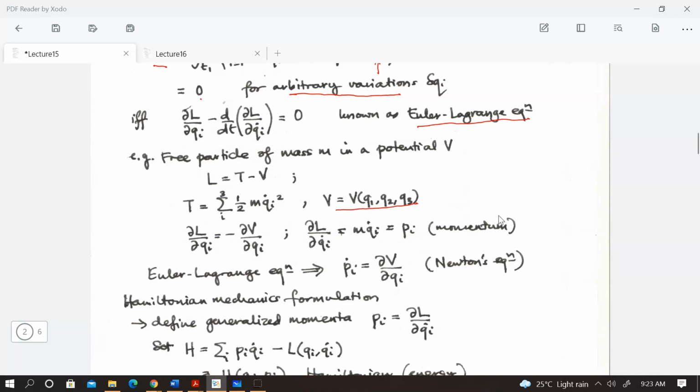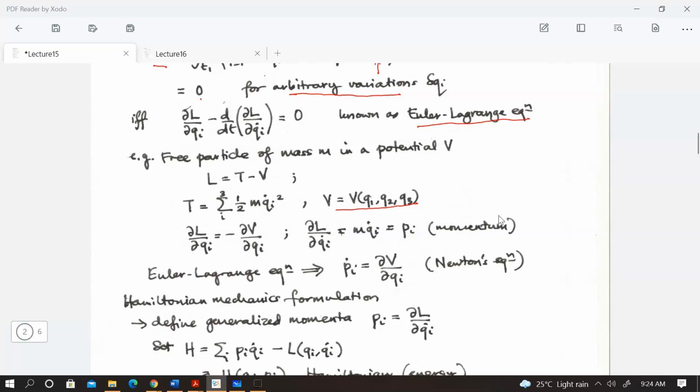If you do this, then when you take the derivative of L with respect to q, remember that here is something that depends on q dot, and here is something that depends on q.